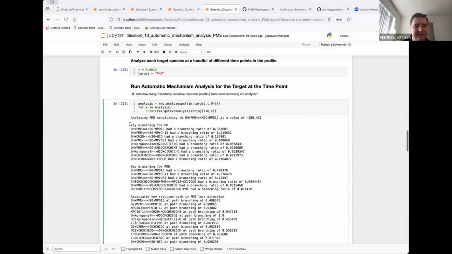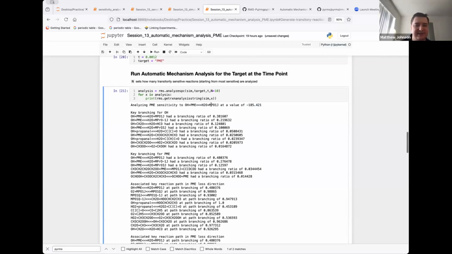And then it goes through, looks at branching, looks at reaction paths, and tries to reject hypotheses about why this reaction is sensitive. So in this case, it considered that this reaction is high flux enough. It has a branching that's in the intermediate region, so it's not really high or really low where it would be insensitive.